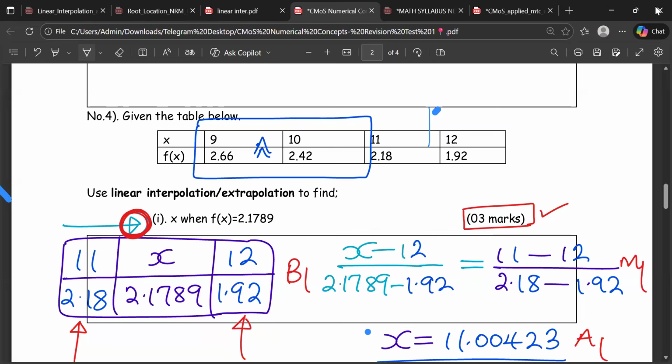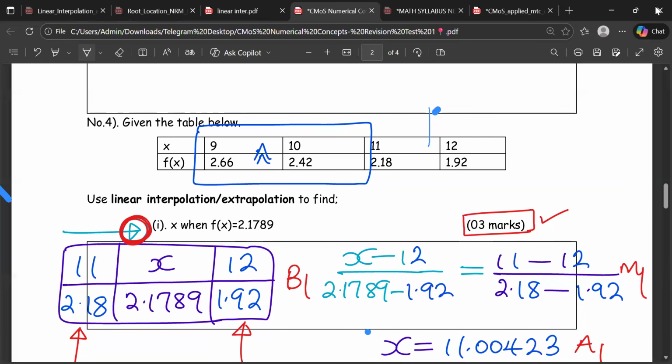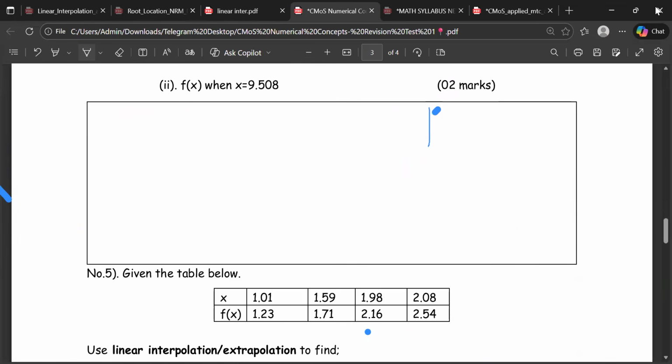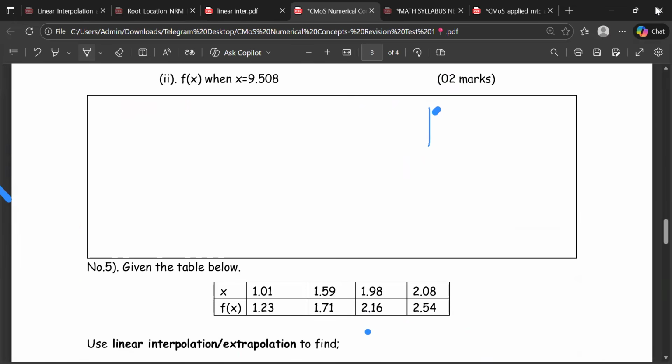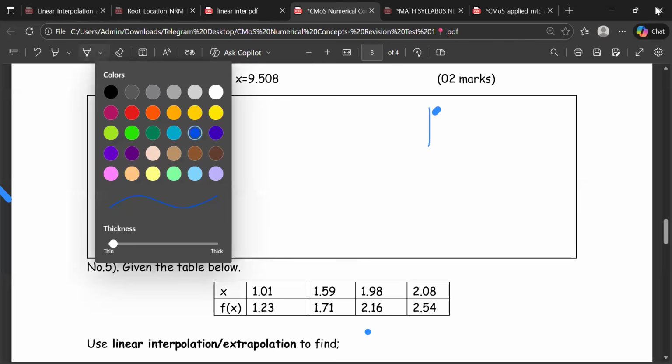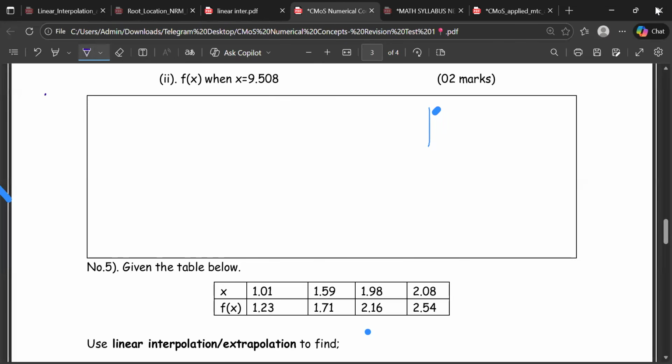Okay. So that's what we are going to use, because 9.5 is between 9 and 10. Hope we are right. So we are going to draw our table. You know, our table always has 2 rows and 3 columns. So they need f of x, isn't it?